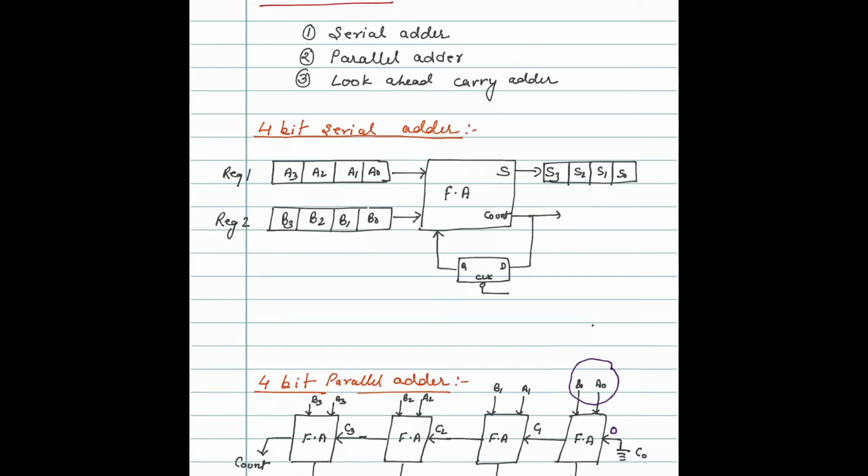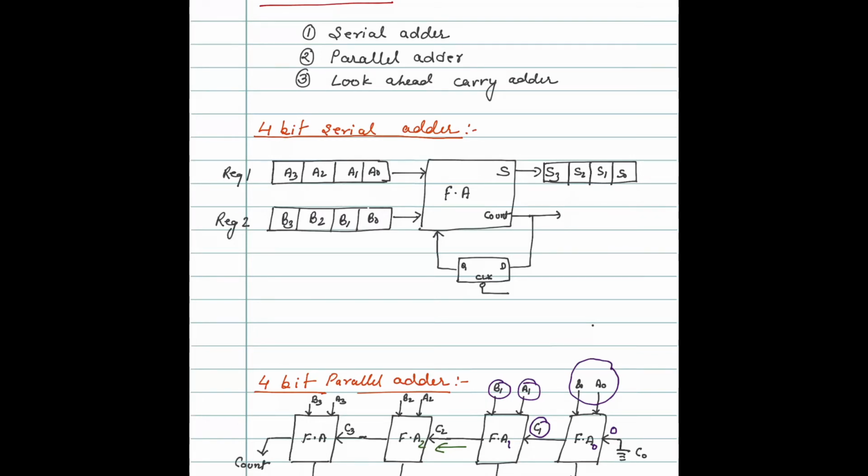The carry of the first adder will be propagated to the second adder, meaning this is the first adder or 0th adder, and the carry is propagated to the next adder here. In this adder A1 and B1 are XORed with C1 and the output is produced as S1, and the carry is produced to the second full adder.